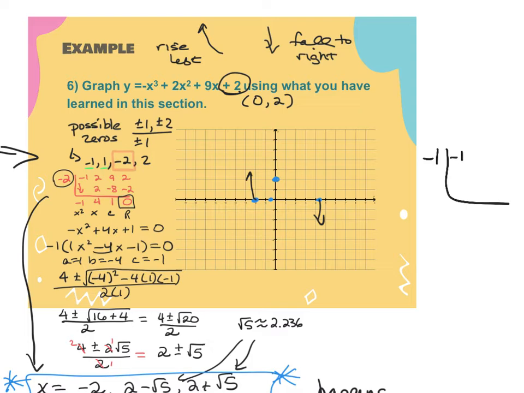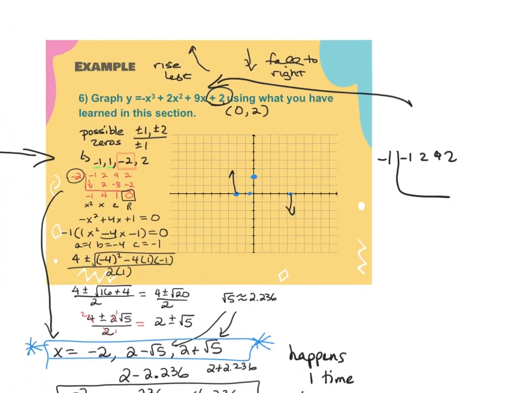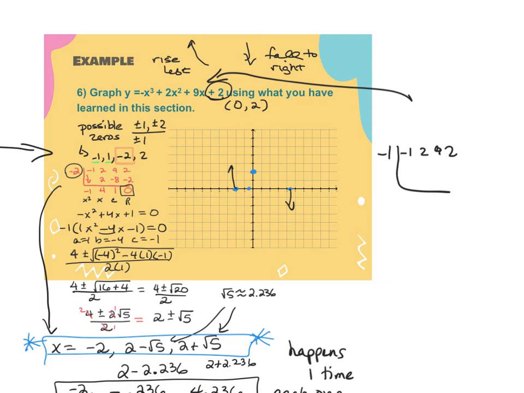Now, if you prefer to just take -1 and plug it in for the x's into your original equation, you can also get ordered pairs that way. But I think the synthetic is a lot easier. So let's go ahead and do the synthetic to get another ordered pair.